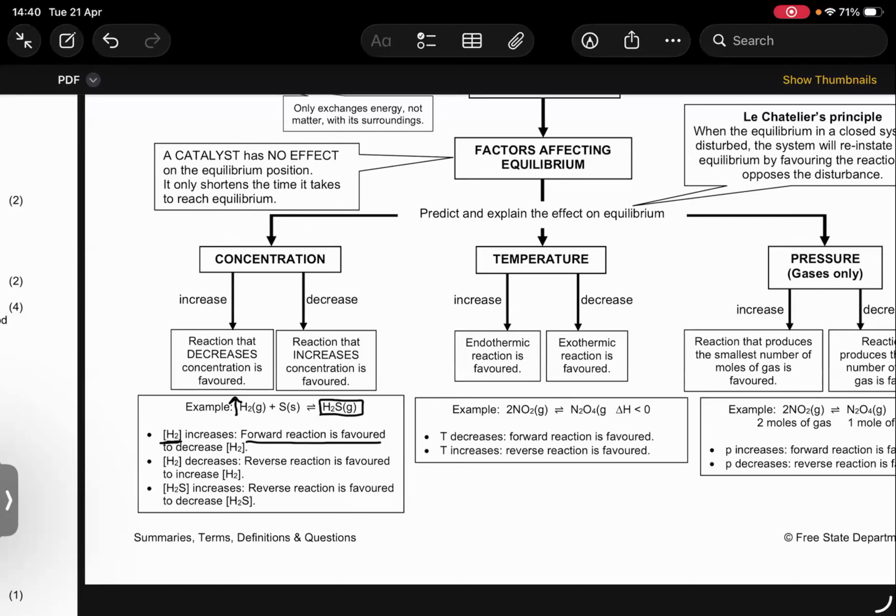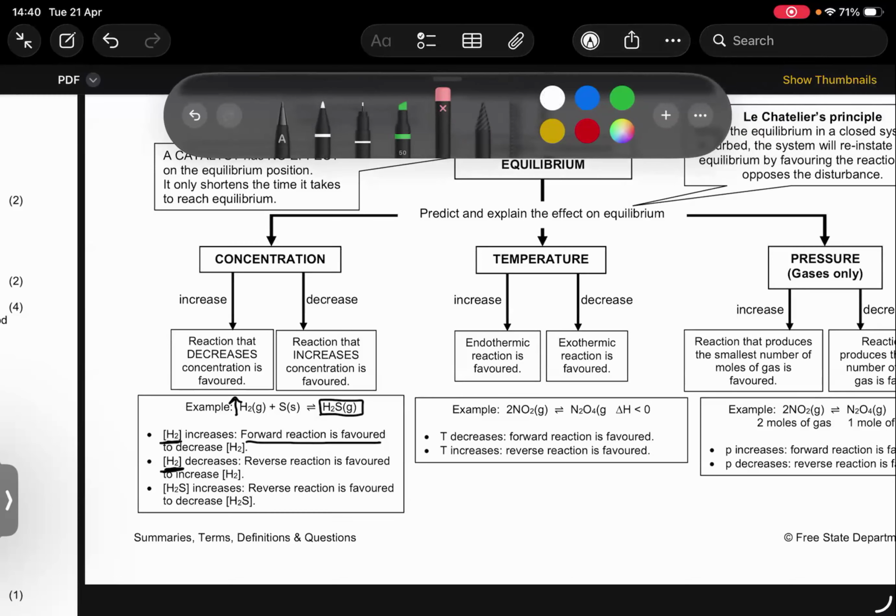So if we decrease this one over there, and you have to understand this concept very well, guys. It's a bit tricky, but you have to understand it. If this one goes down, what is the system going to do?